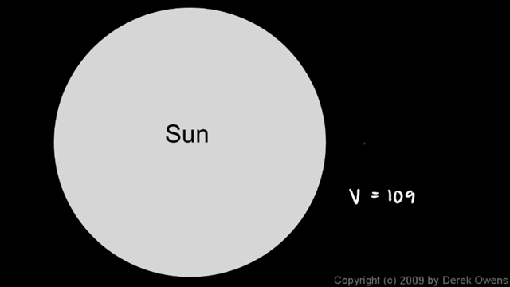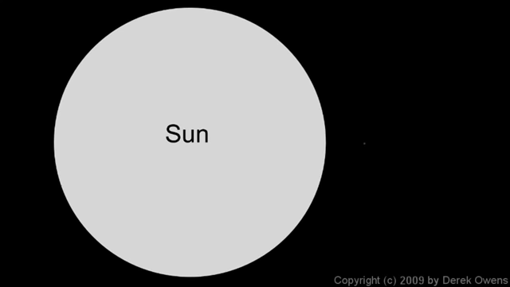And 109 times 109 times 109 comes out to about 1.3 million times the volume of the Earth. That means if you could take the Earth and turn it into liquid and pour it into a container the size of the sun, it would take 1.3 million Earths to fill up that container. And as you can see, Earth barely even shows up in this diagram.